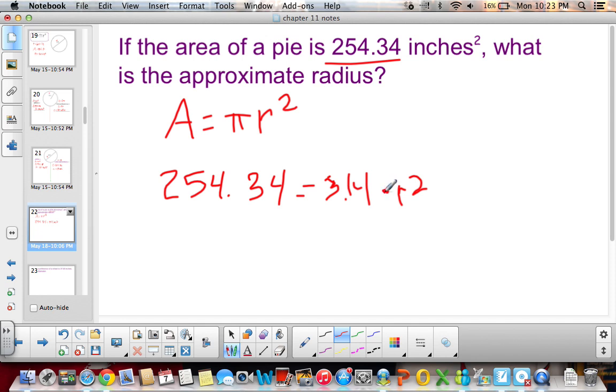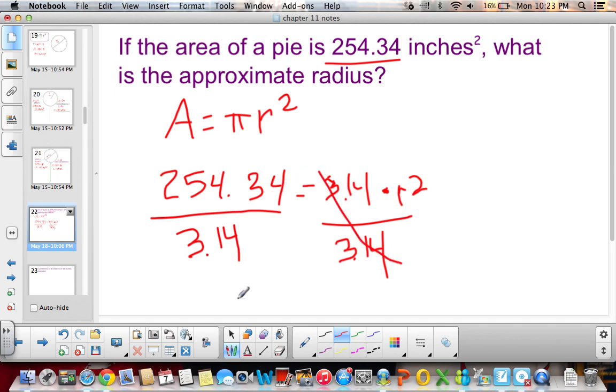So I know that if I divide both sides by 3.14, this would cancel out, so I would have r squared. So 254.34 divided by 3.14 equals 81. 81 equals r squared. I know off the top of my head that 9 squared, 9 times 9 equals 81. So my radius would be 9 inches.